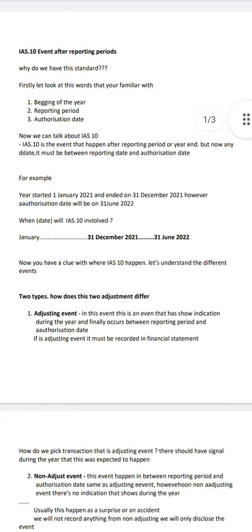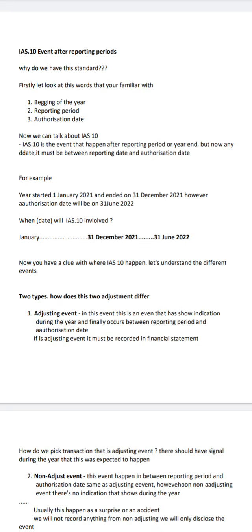Alright, let's go to this example. Our year started on 1 January 2021 and ended on 31 December 2021. However, the authorization date will be 30 June 2022. In other words, there might be an event that can happen between 31 December 2021 and 30 June 2022, which means in that case we have to apply the standard called IAS 10, events after the reporting period.